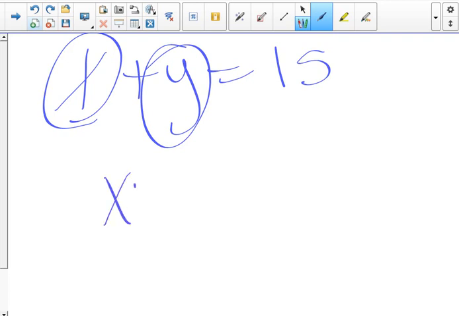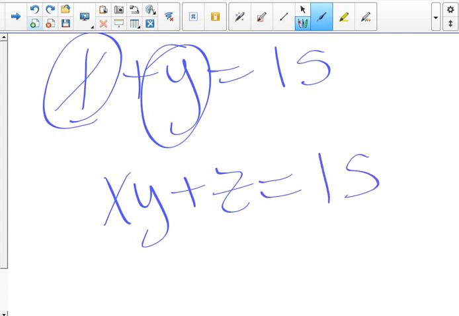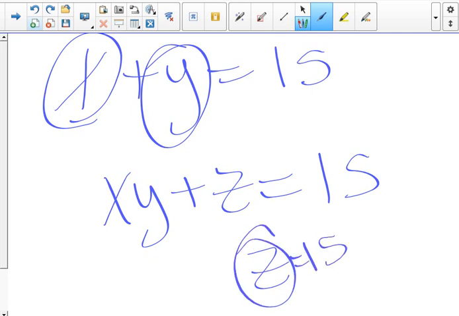So if I had x, y plus z equal 15, still a literal equation. If I have z equal 15, not a literal equation because it only has one variable. Okay? So literal equation just means I am working with more than one variable.